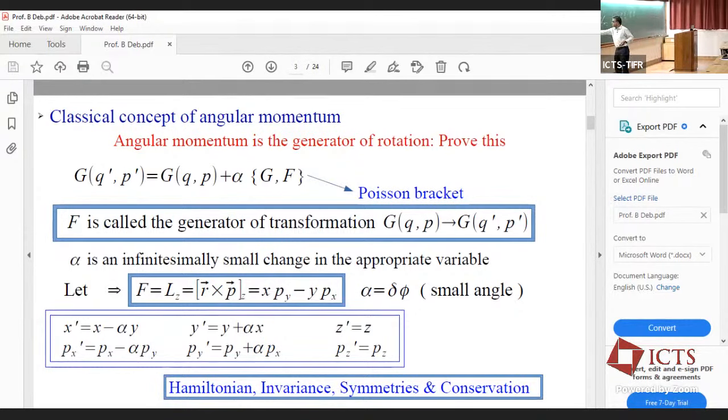If you consider phi small, then this is 1, 1, this will be minus delta phi, and this will be plus delta phi. And you can see that in this case alpha would be delta phi, so it matches exactly. So now you have proved that angular momentum is in fact the generator of rotation. The same holds for the x-axis, y-axis, and z-axis. So this is all about the classical concept of angular momentum.